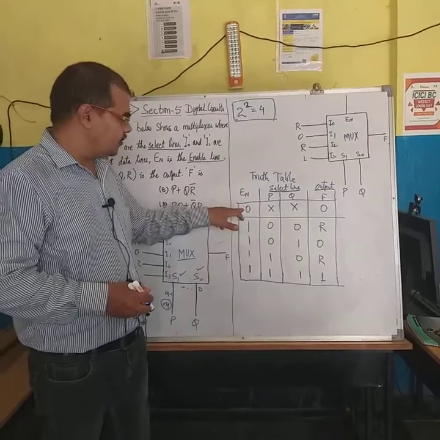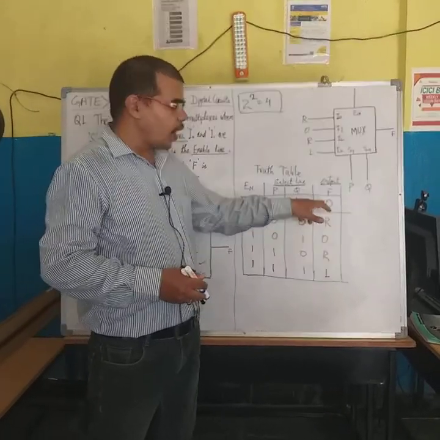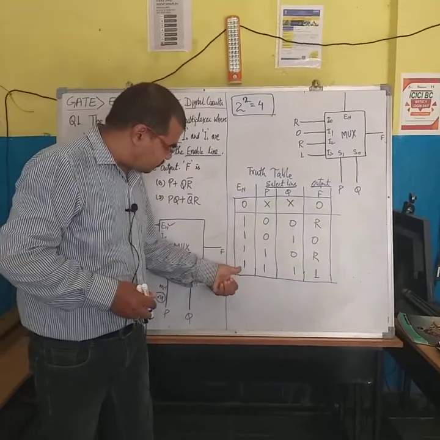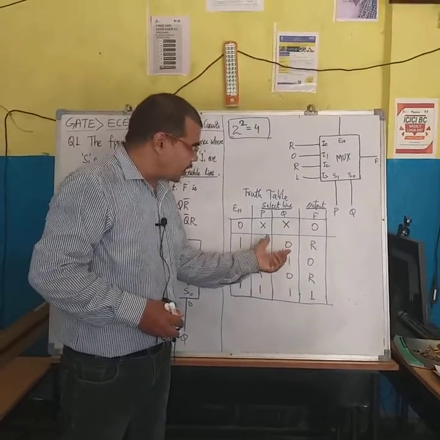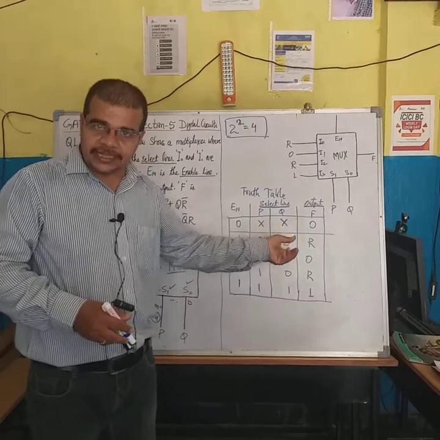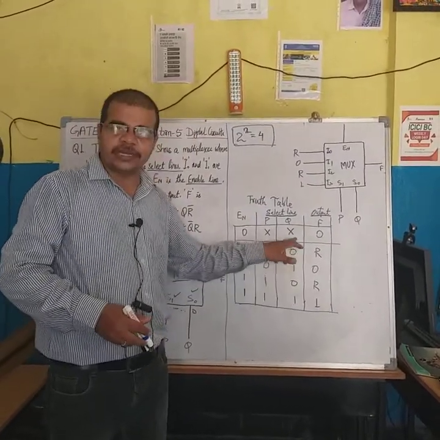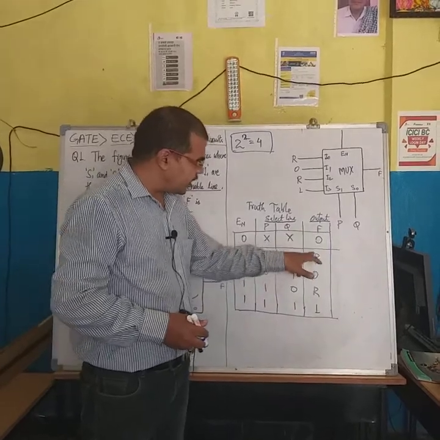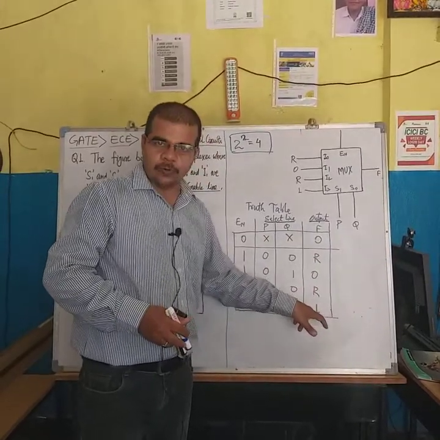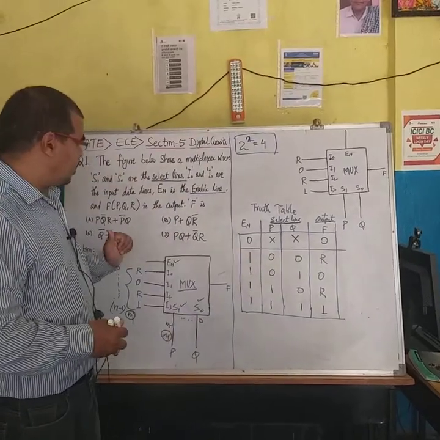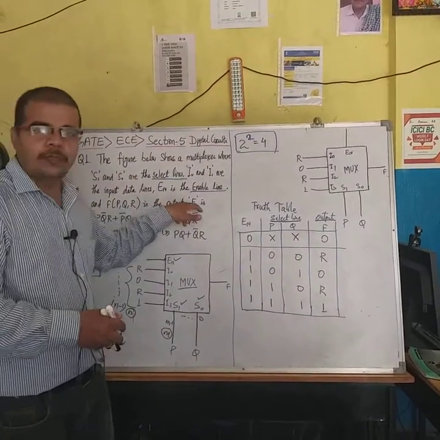It should not be 0, in order to have some output. And when enable is 1, as we are having 2 select lines, 4 different combinations are possible, and for that we are getting this output. Let us proceed and try to make the relation of your output F.